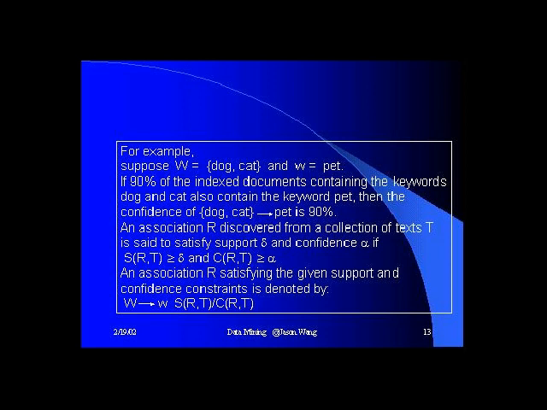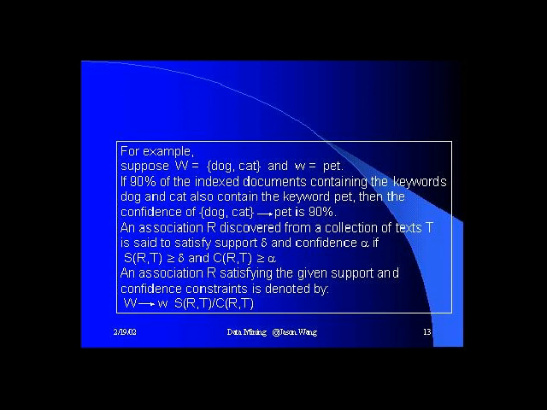And how do you calculate the confidence of an association? Well, you find the support for dog cat, and then you find the support for dog cat and pet, right? And then you divide, say you use the following formula.